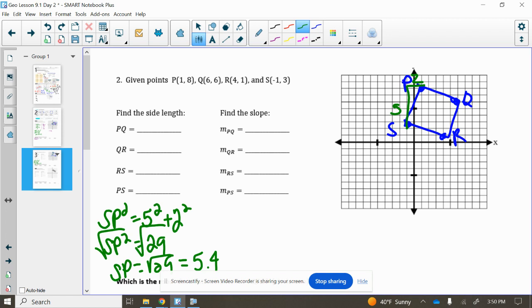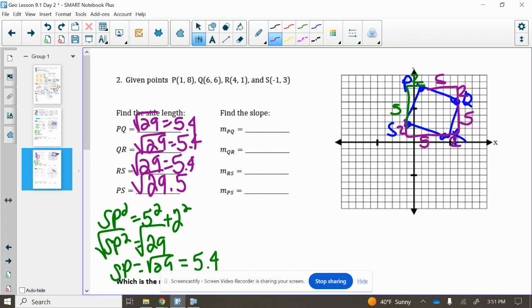Now what you're going to notice is if you draw in other little right triangles, this is still 5 and 2, still 5 and 2, still 5 and 2. So all of these sides actually end up being that same value of about square root of 29, aka 5.4-ish.